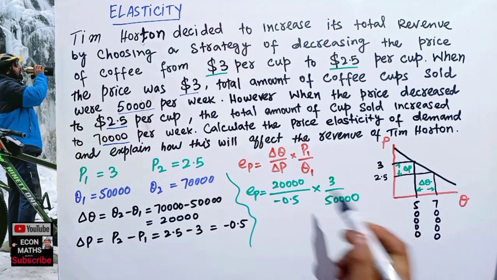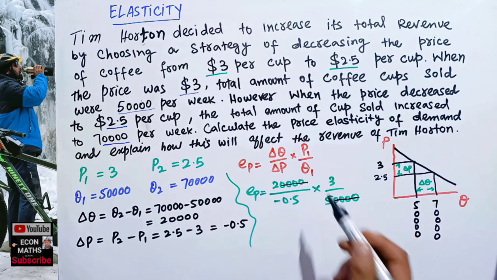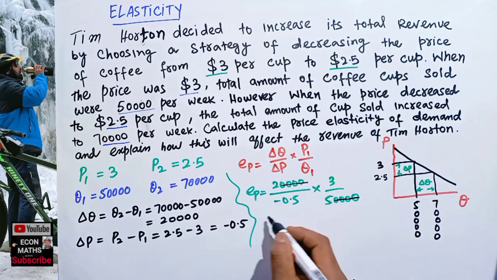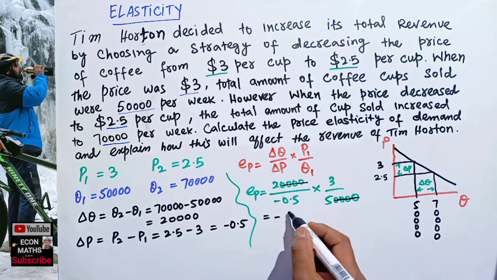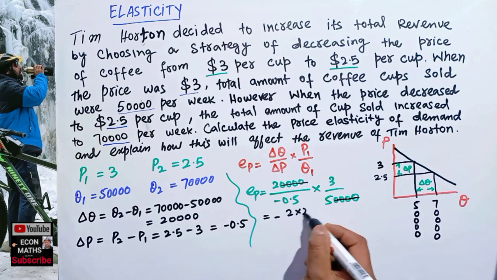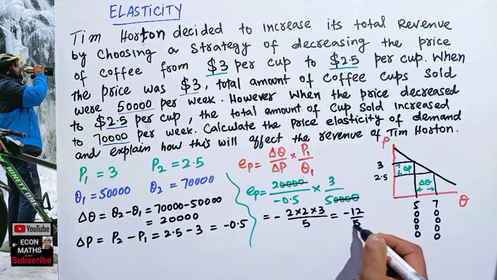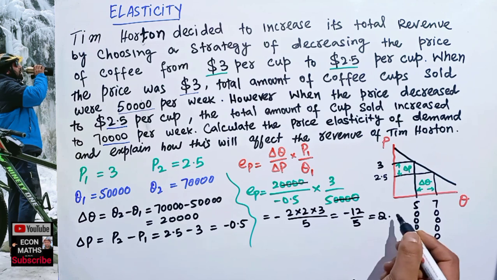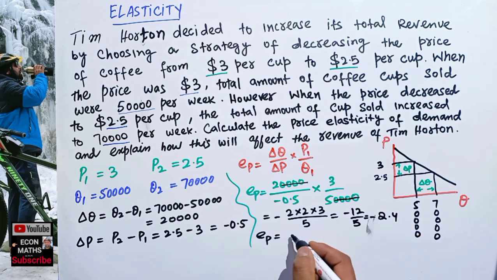Solving this, the 4s get cancelled. The 0.5 becomes 2 when we transpose it, so we have 2 into 2 into 3 upon 5, which is 12 upon 5, which comes out to be 2.4. Obviously negative. That means elasticity of demand comes out to be minus 2.4.